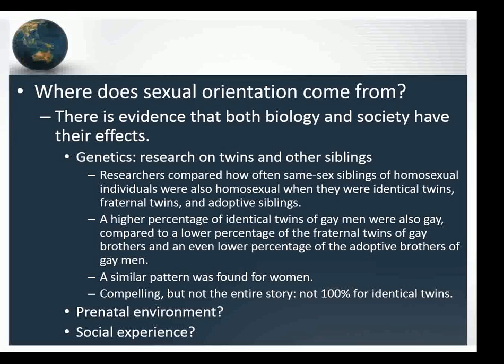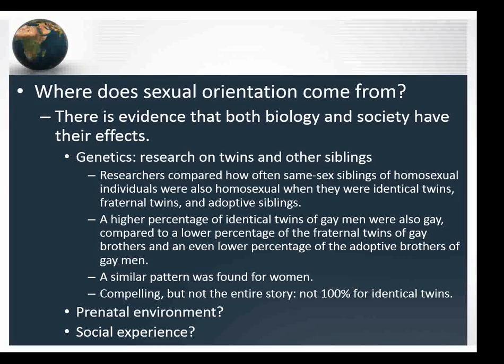So, again, from this, there does seem to be some evidence that points towards genetics because of our twin studies. And we've done these studies on both men and women, and we find similar patterns among both. But there's something else that they draw attention to.